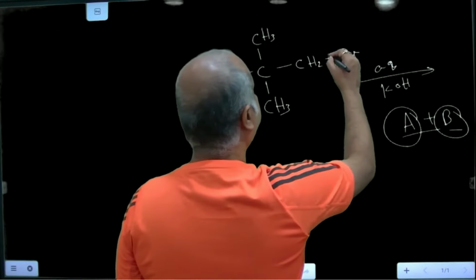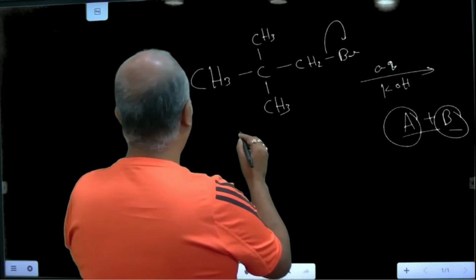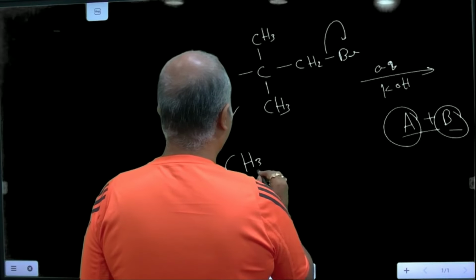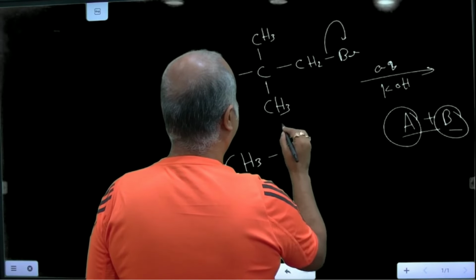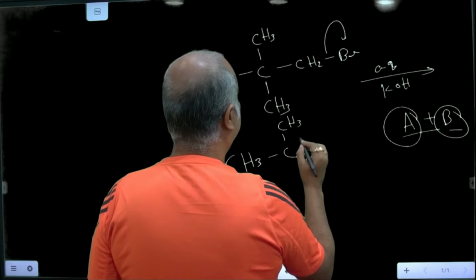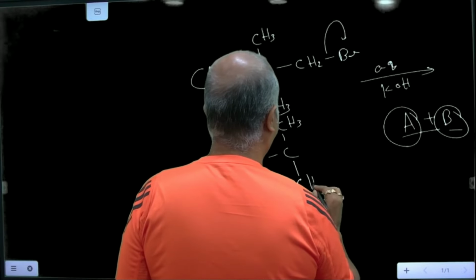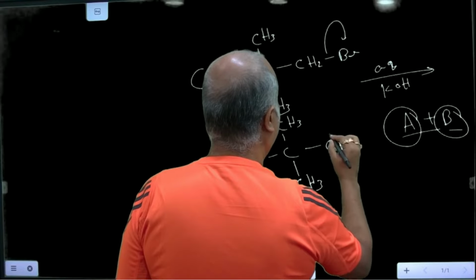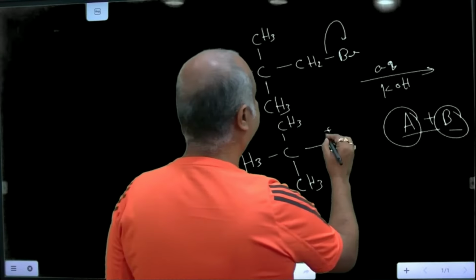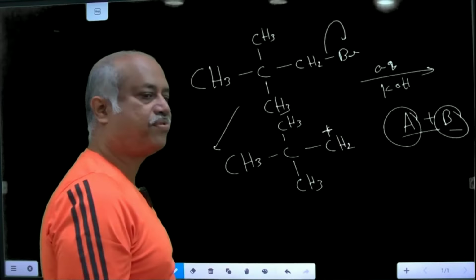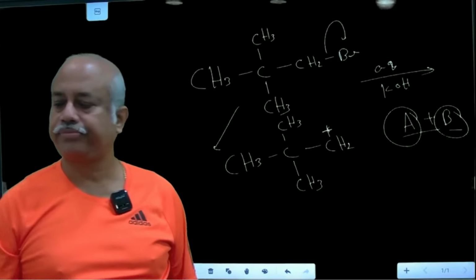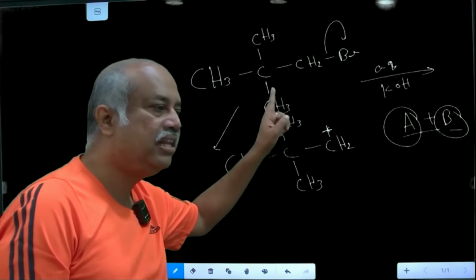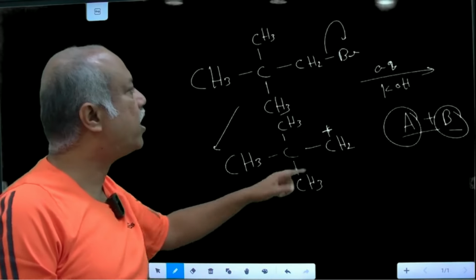First, the leaving group leaves, and it will give CH3, CH3, CH3, CH2 plus. That is a carbocation, and that is a primary carbocation, less stabilized carbocation.